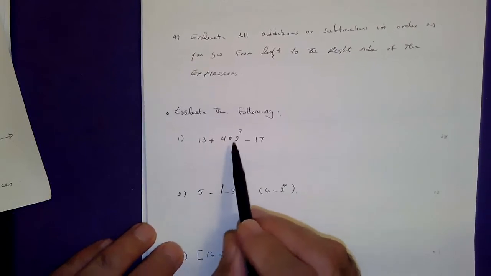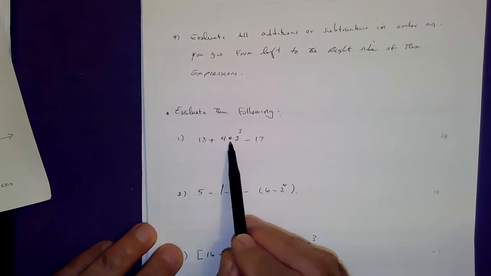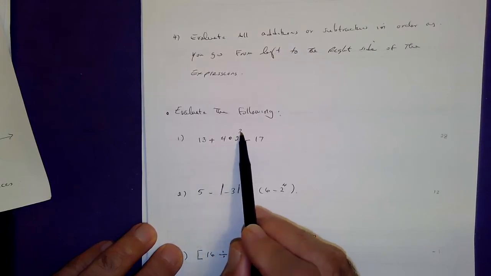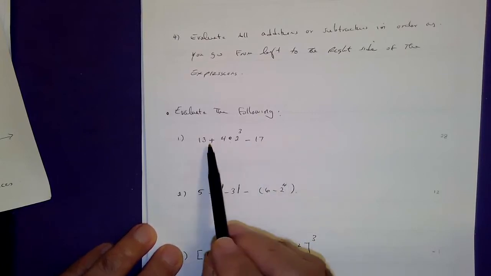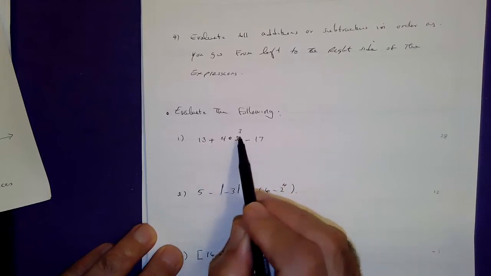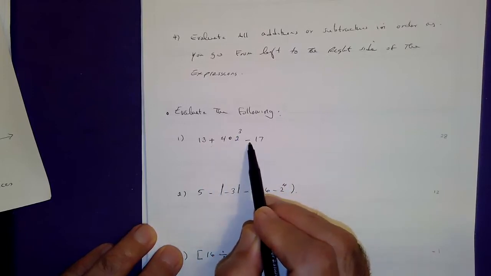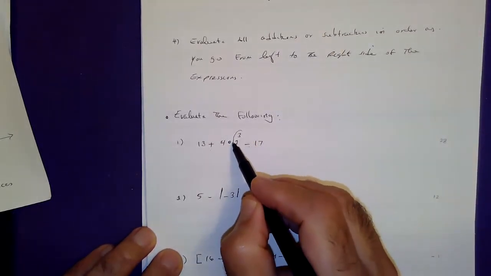And by the way, this dot here means multiplication. So notice we got 13 plus 4 times 2 to the power of 3 minus 17. As we go from left to right, I see addition, multiplication, exponent, and subtraction. According to order of operation, I got to do the exponent first.